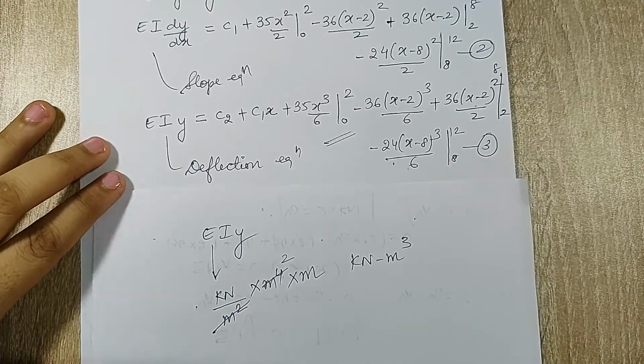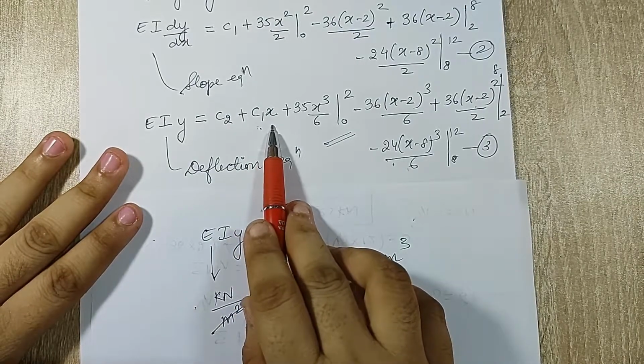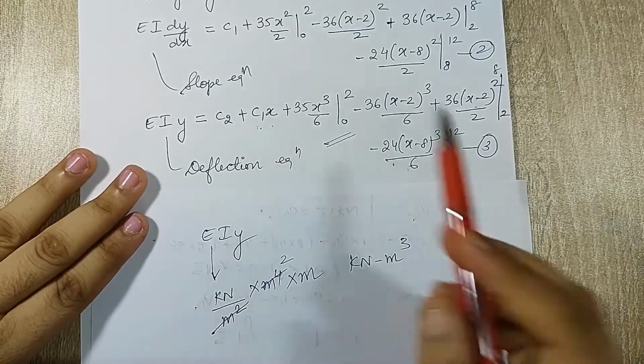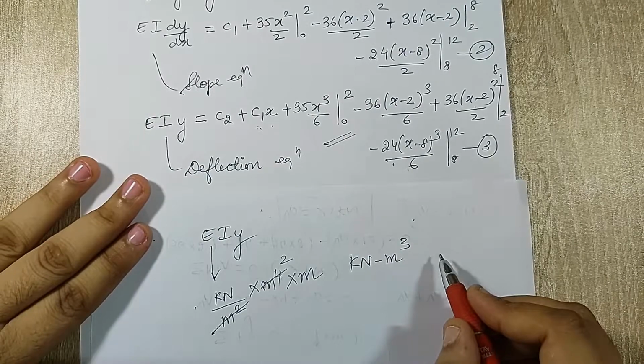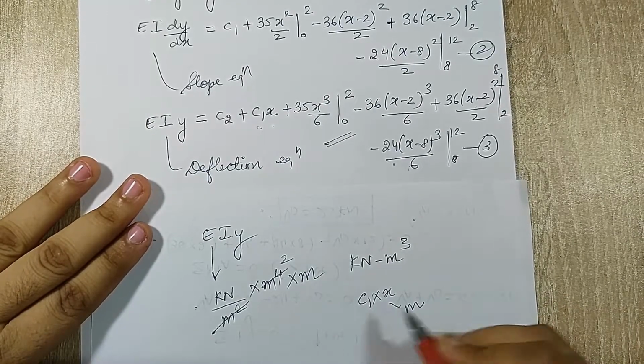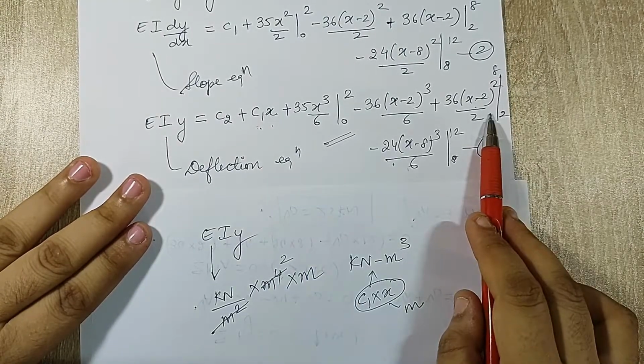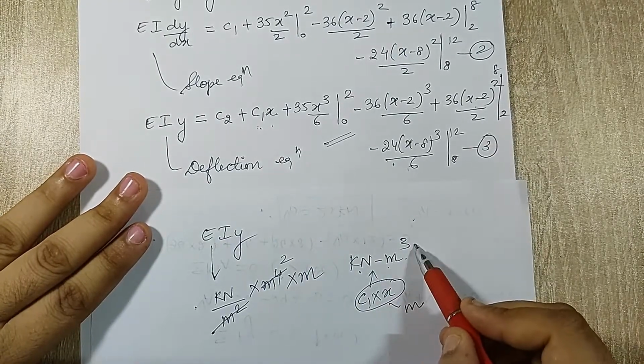Now when I look at this term C1, over here this is multiplied with X. So obviously X is taking another term of meter. So C1 into X means X is in meter. So together I should obviously have each term on the right also as kilonewton meter cube.